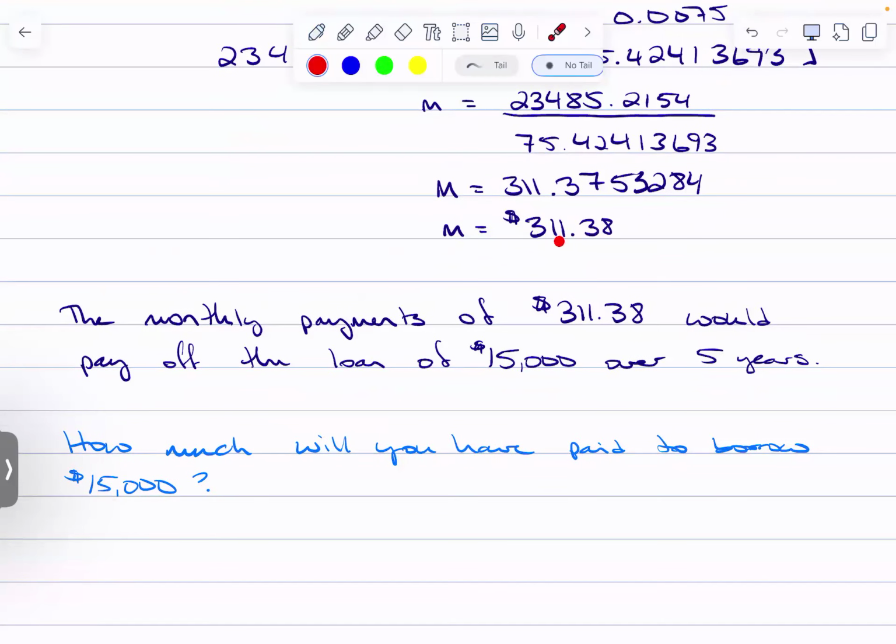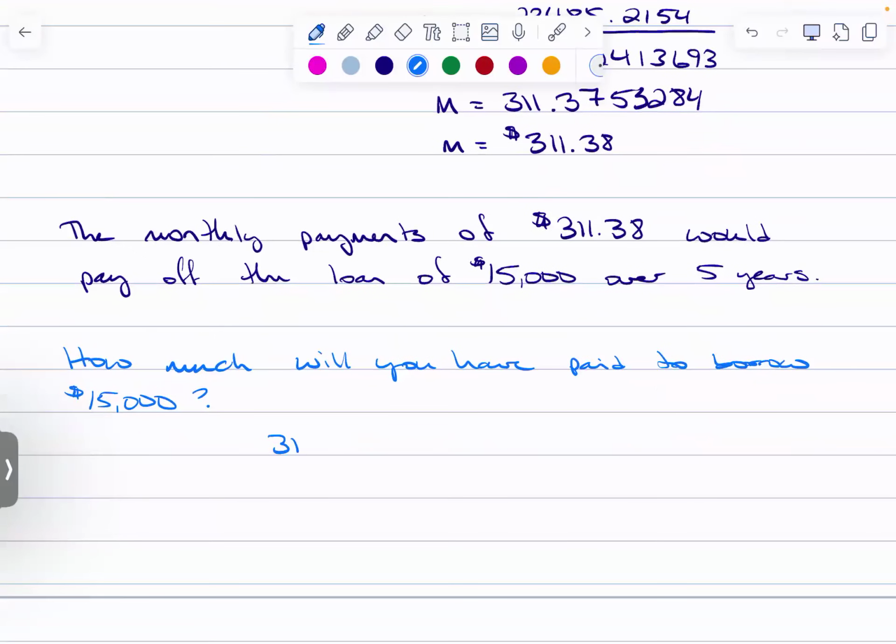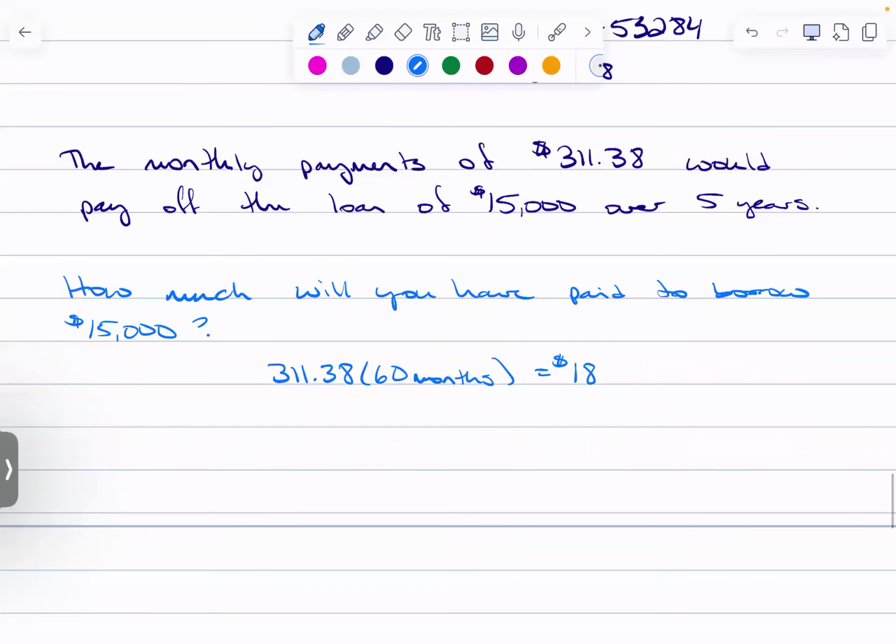Every month you pay $311.38, and you do that for 60 months. It costs you $18,682.80 to borrow $15,000.